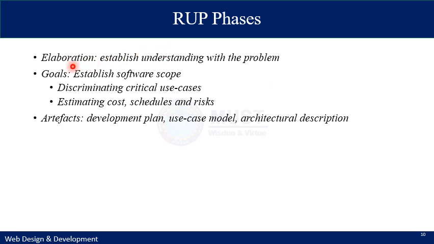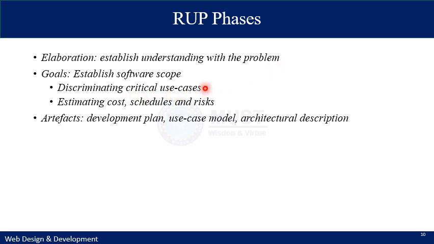Then you elaborate that business case in the next step. This will help you to establish understanding of the problem. The goals of this phase are to establish the software scope. That means what kind of functionality your software will provide. It will prioritize the critical use cases.